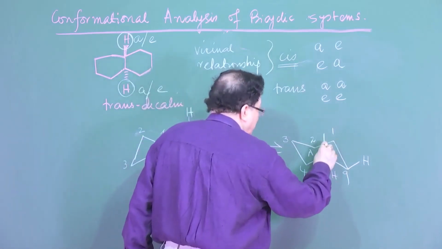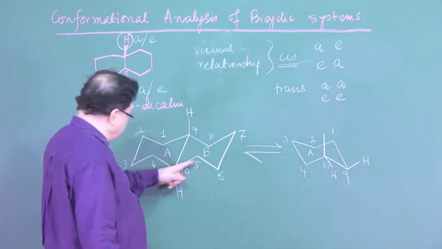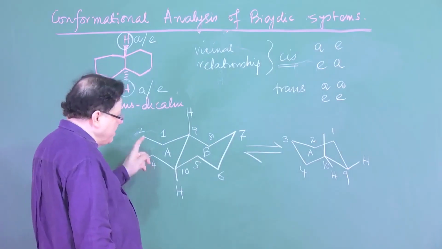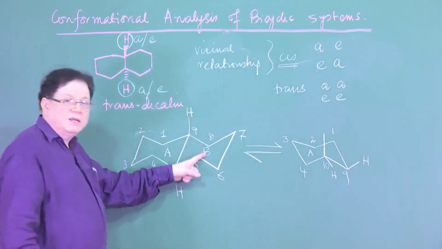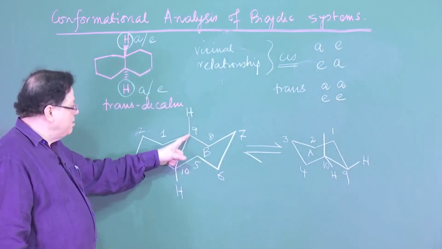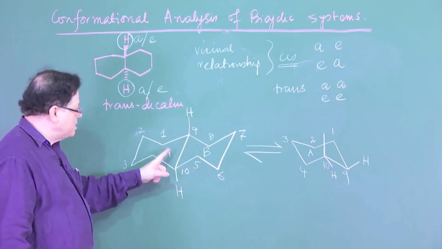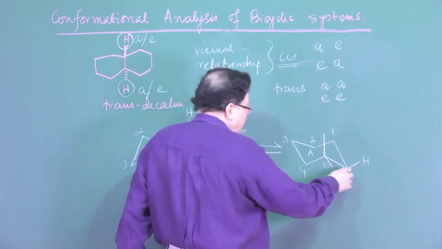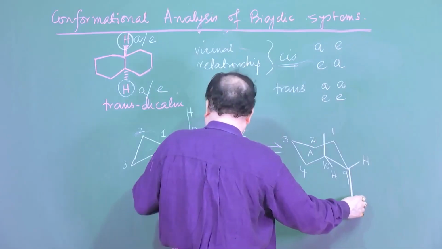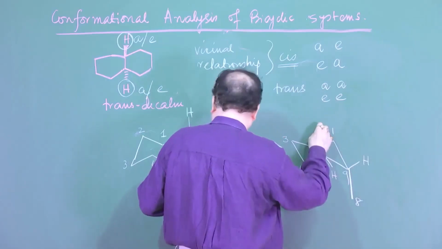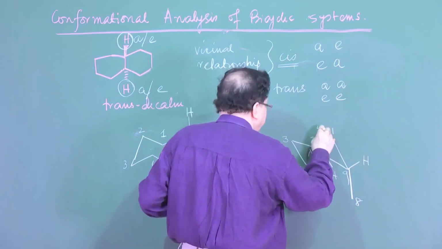So, that will now be occupying an axial orientation, which was earlier equatorial with respect to A ring, and at C9 you have C8, which was occupying an equatorial position, alpha equatorial with respect to A ring. So, now that will become alpha axial. Okay. So, this is your 9 attached to 8 and this is your 10 attached to 5.